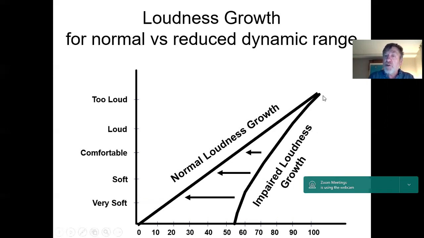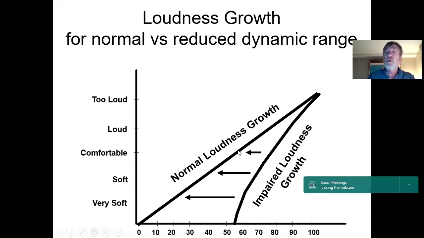This point here where the two lines meet is called recruitment. 100 dB sounds just as loud to someone with hearing loss, not conductive, not middle ear pathology, not outer ear pathology, but sensory neural loss, cochlear hair cell damage, as it does to someone with normal hearing. So look at where the lines part.